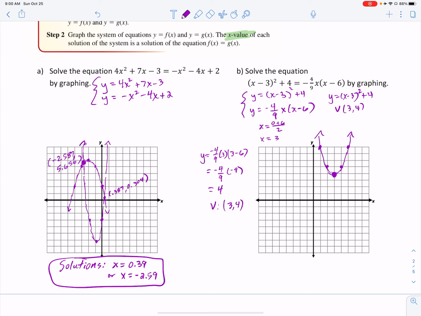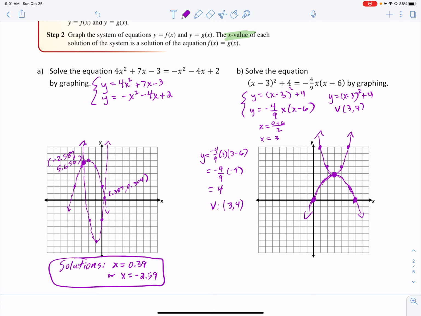And so that a value is not exactly pretty, a negative 4/9. So that might be a little bit harder, but I do have the intercepts, 0 and 6. So that's okay. We can just, since the goal is just to find out where they intersect, so that first is negative 4/9. So it's just going to go to the right one and down 4/9 instead of down 1.